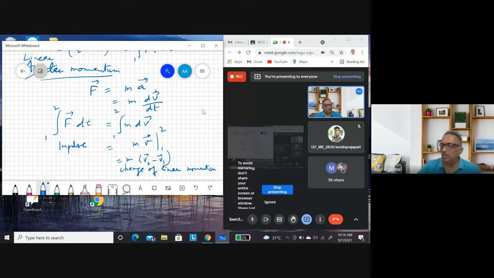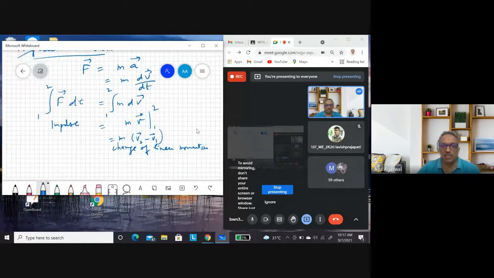So impulse tells you how much the linear momentum changes: the force applied over the time interval, F into dt, integrated, gives you the change of linear momentum.